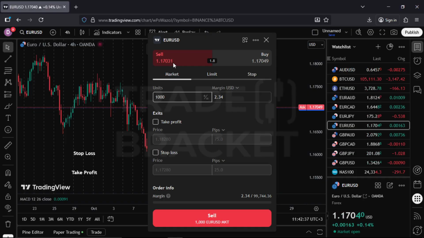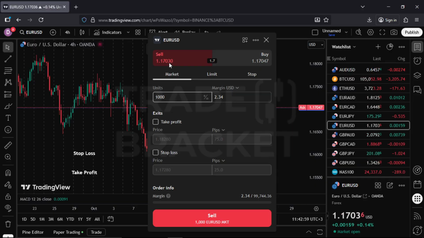All right. Before I move on to the buy, let me explain one thing that you need to note as well. You see it says 1.1703. Remember, we talked about the pip. What did we say the pip was?